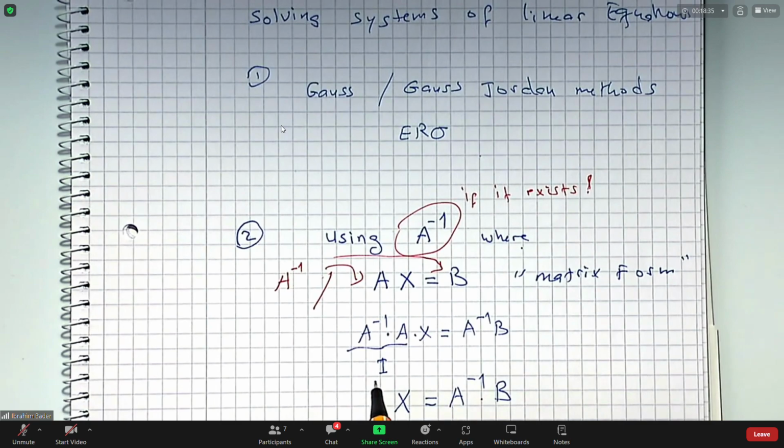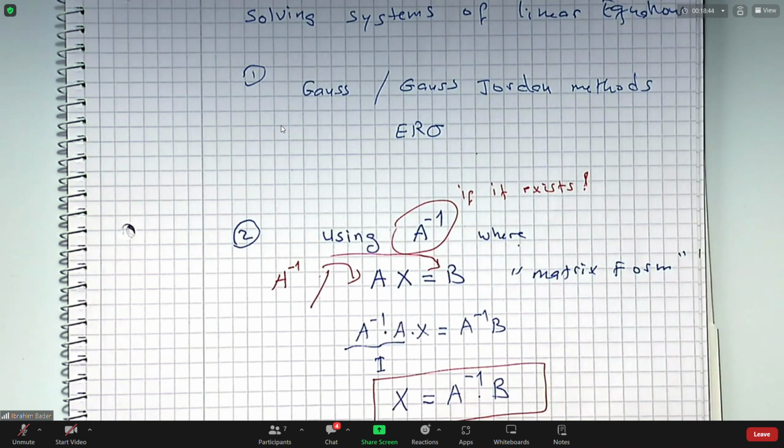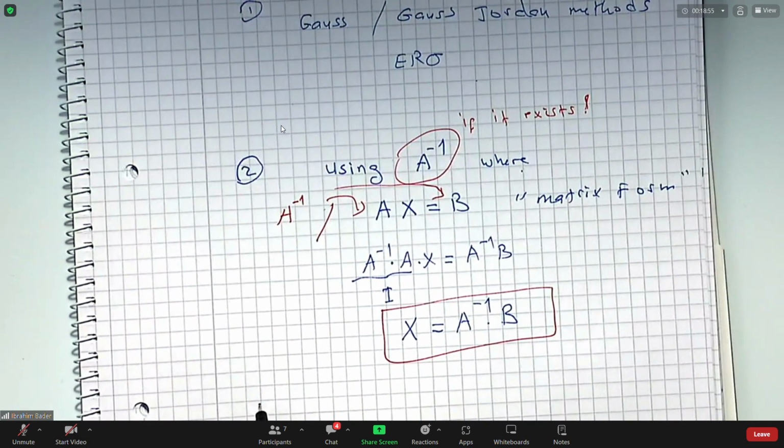So if you know the inverse of the coefficients matrix, you multiply it from the left with the right-hand side, and you are done. This is the solution.